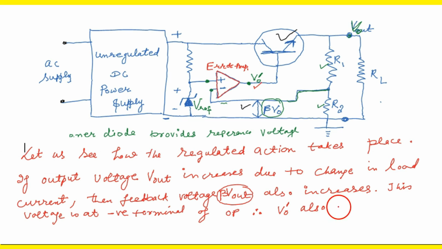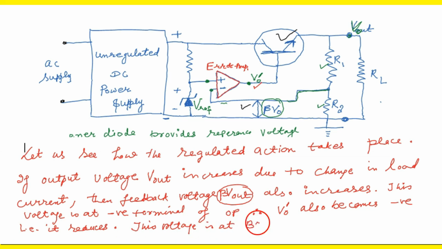So V0 dash becomes negative, that is, a negative signal is applied to the base of the NPN transistor.